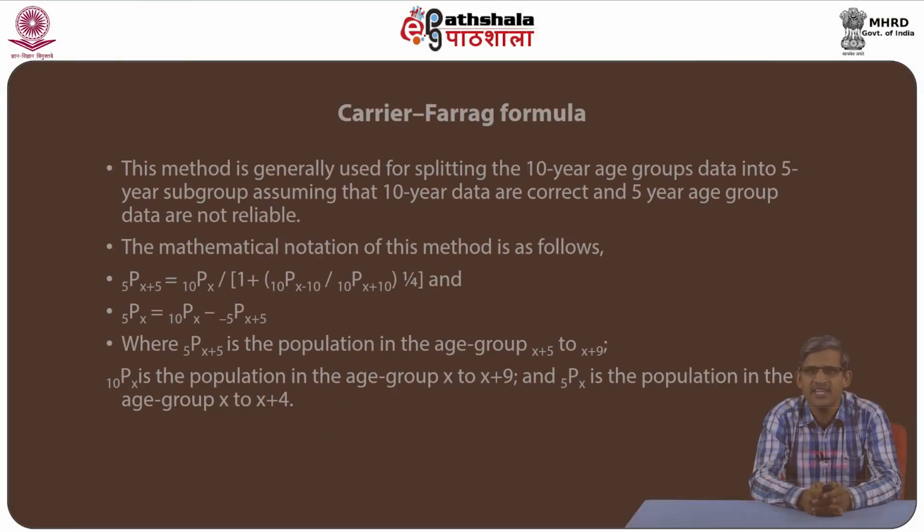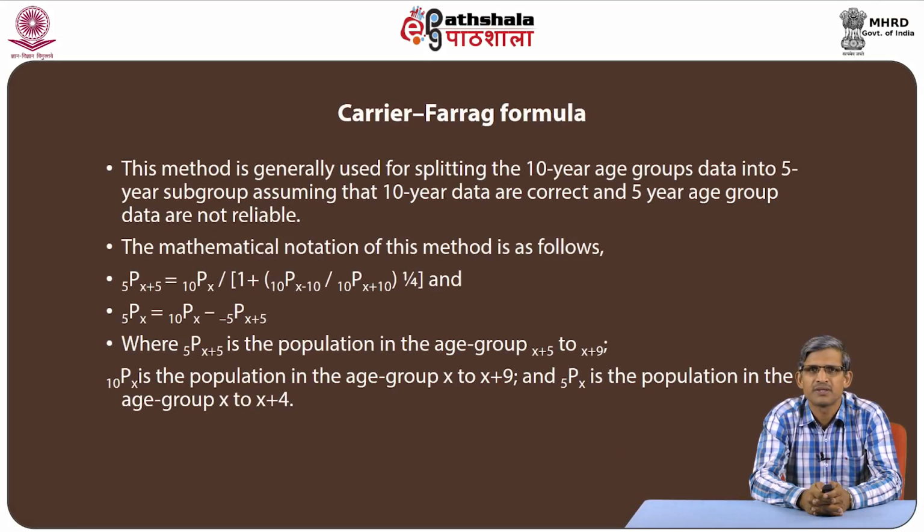There are also other different methods to estimate and adjust the population. One is called the Carrier-Farrag formula. This method is generally used for splitting the 10-year age group data into 5-year age groups, assuming that the 10-year age data are more accurate than the 5-year age group data.